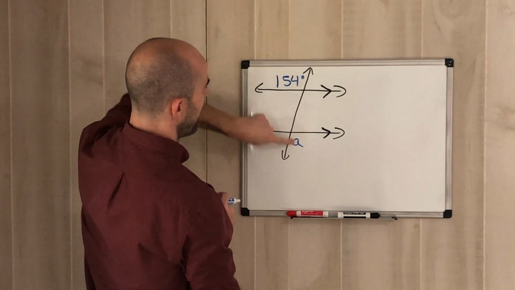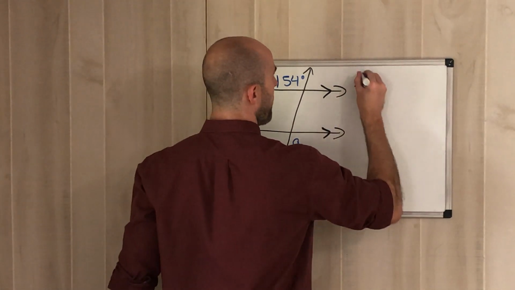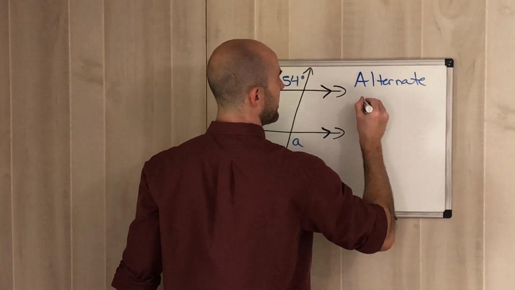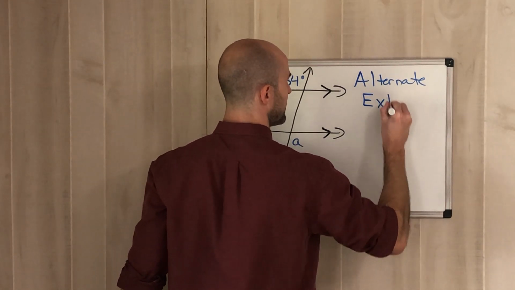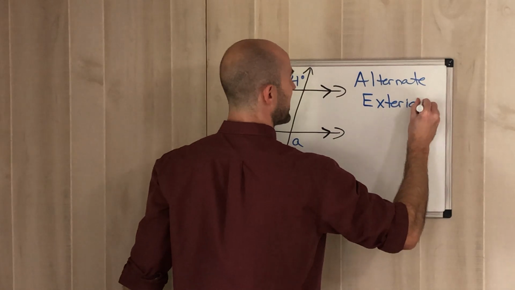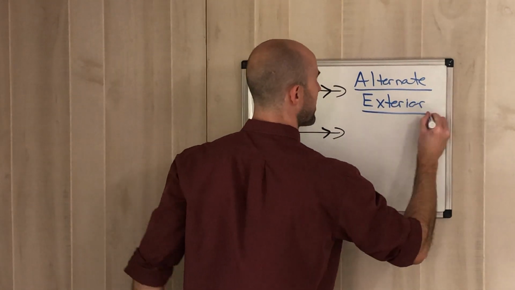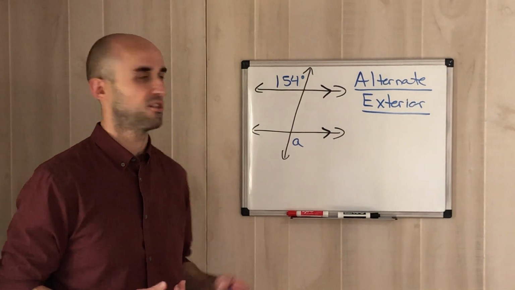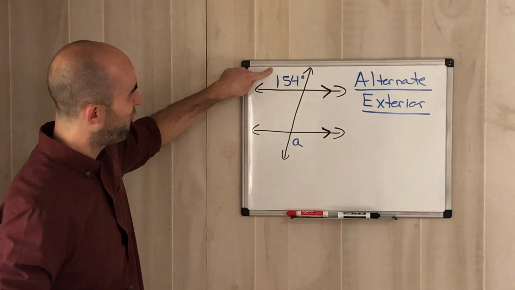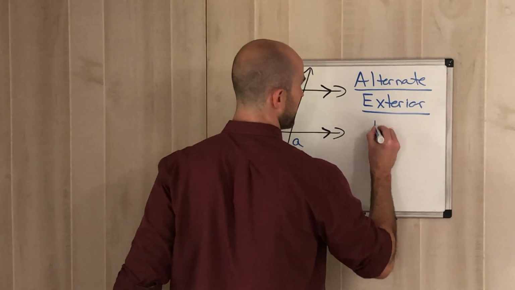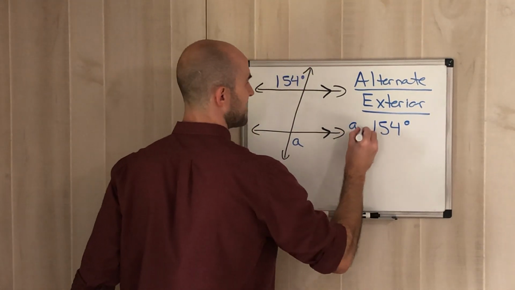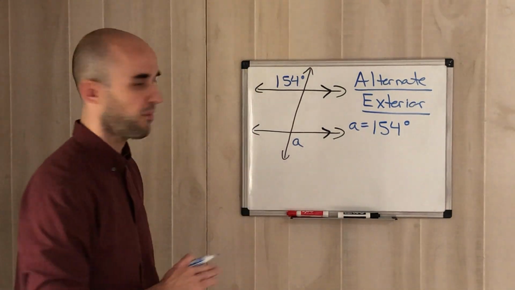So if they're on different sides on the outside, we call them alternate exterior angles. We know that alternate exterior angles are supposed to be congruent to each other. So if that's 154, automatically A is 154 degrees.